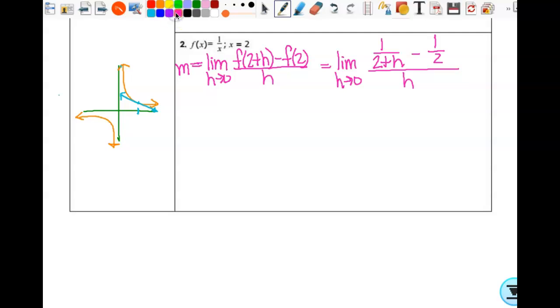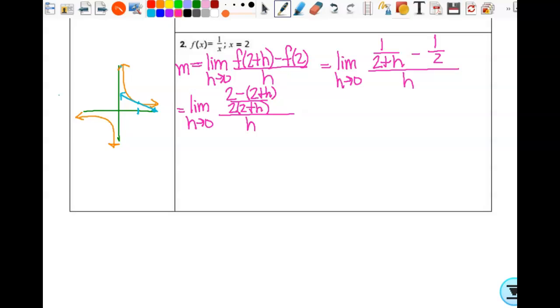Okay, so now that we have this here, I need to combine those two fractions in the numerator into one. So this is going to give me the limit as h approaches 0 of, all right, in the numerator, my denominator will be 2 times 2 plus h, which means that first numerator becomes 2, and then minus that second numerator would have to be 2 plus h, and all of that is over h, okay?